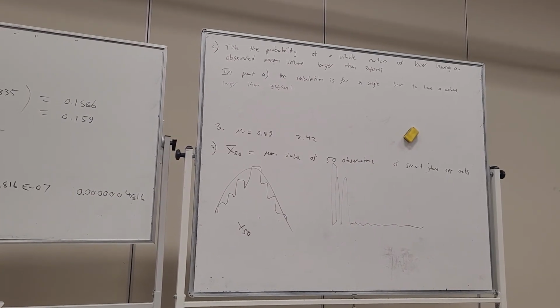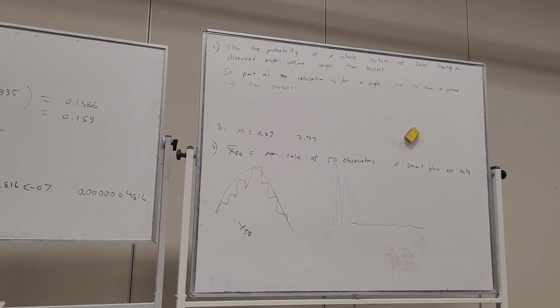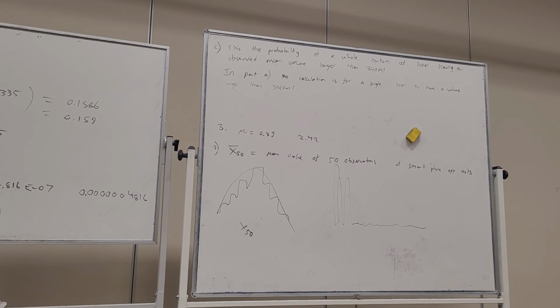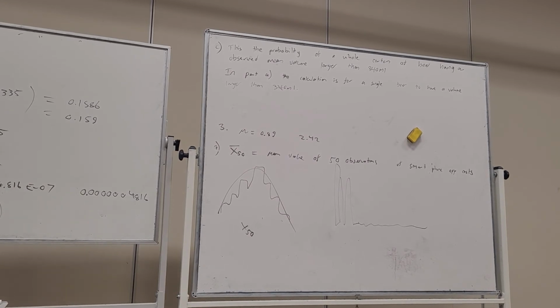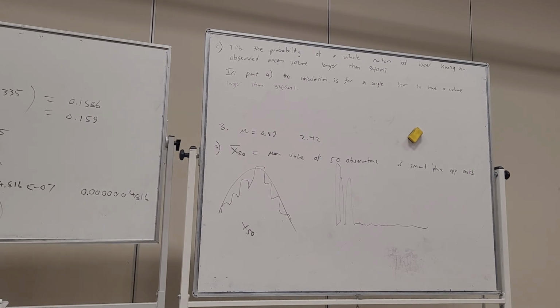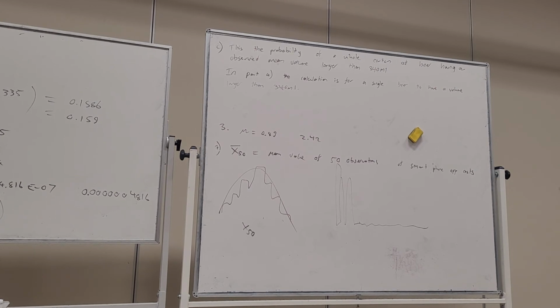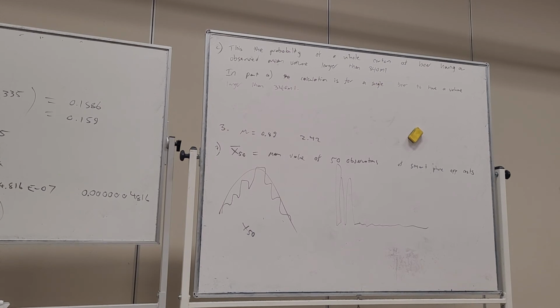So, part A, calculation for a single beer to be larger than 340. Part C is about the whole box of beer, the average of them being larger than 340. But just beware, it's not about the whole box having a volume larger than 340. It's about the observed mean of the whole box having a volume larger than 340. So we need to be very precise with our language there. Excellent, central limit theorem. Let's give it a go.